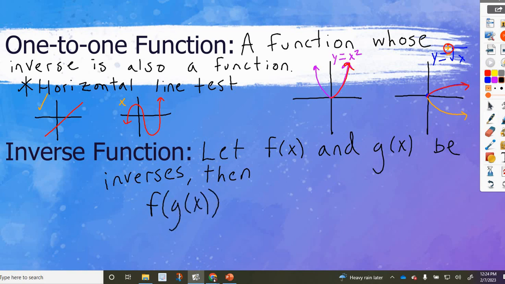What type of function or operation is that? Do we recall? What is it called when I plug one function into another function? Composite. So when I composite my two functions together, I should just end up with x, because they undo each other.